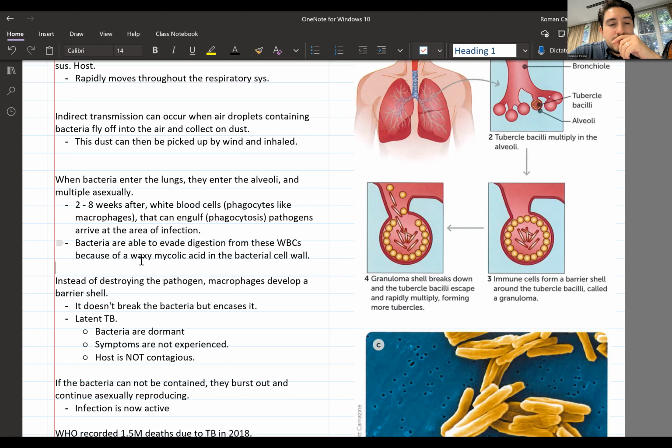So what happens if you can't destroy it within your body? The macrophages work together and they actually encapsulate.